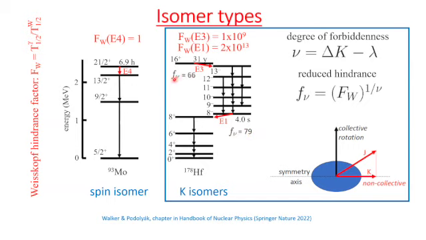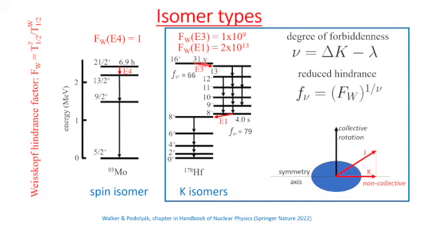And very roughly, these so-called reduced hindrances range from 10 to 100. That's a very approximate range, but it's more manageable than these inhibitions compared to the Weisskopf estimate of more than 10 to the 10. So this hafnium-178 isomer is extremely famous because it's up at 2.5 MeV, and yet it lives for 31 years.